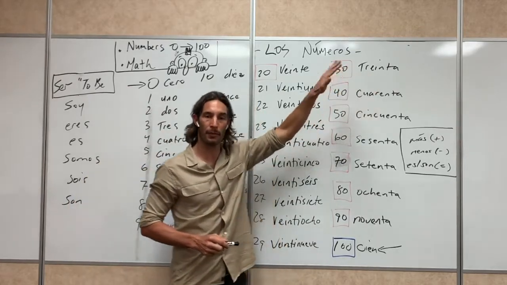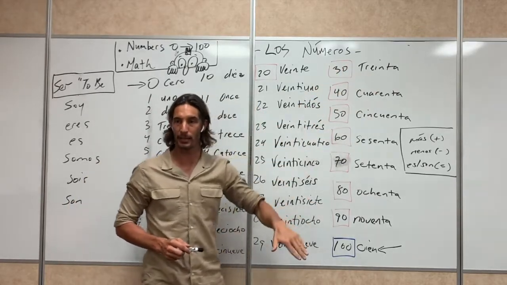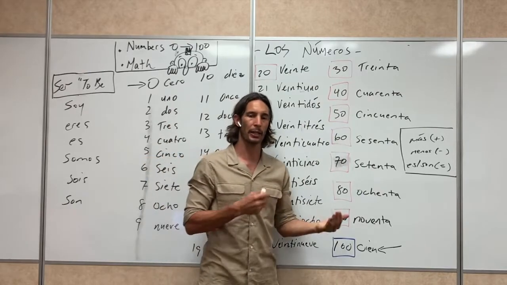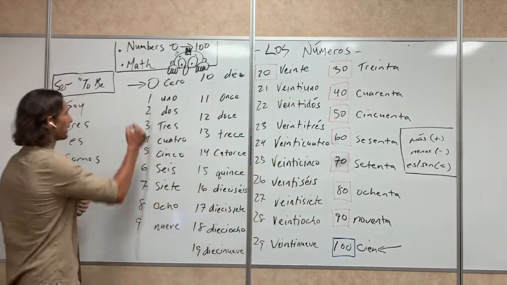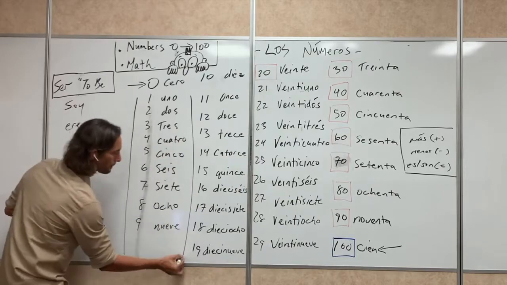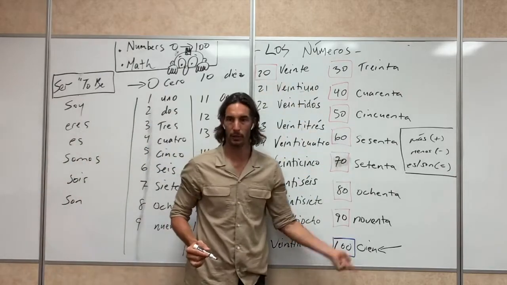And then from 30 forward, we're just going to do the tens, right? And I'll explain how to use or integrate these numbers into all of these up to 100.